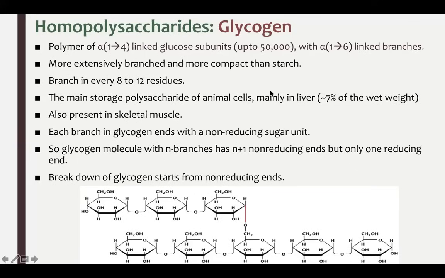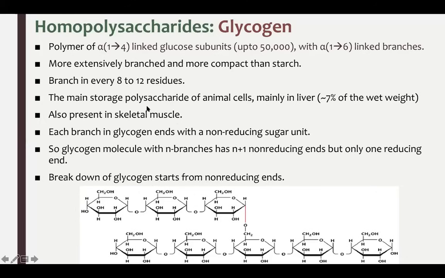There are almost 50,000 glucose subunits, and the branching point is alpha 1 to 6. They are highly branched, with branching points found in every 8 to 12 residues, which is very compact. This type of branching is not present in starch. In starch the branching is very light, but in glycogen it is very compact.